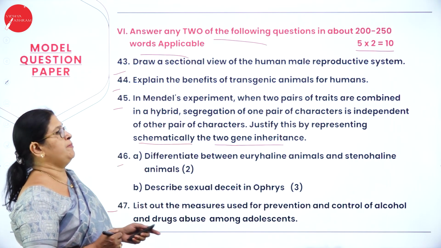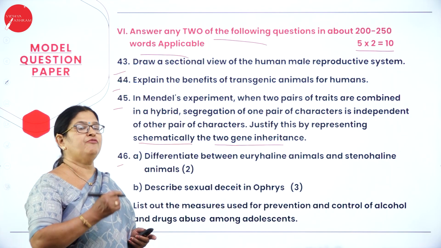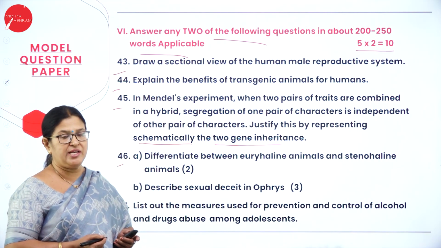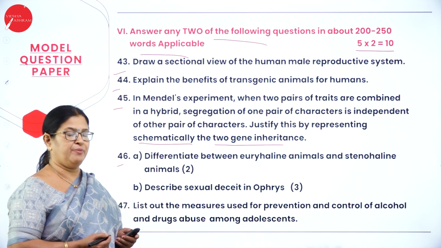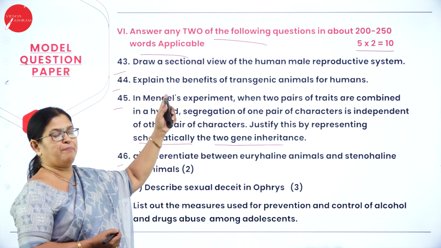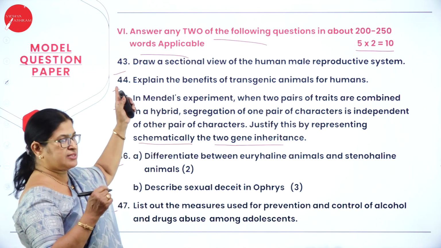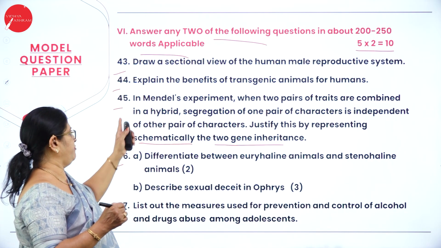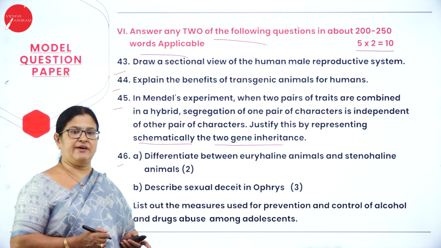So this is the pattern of the model question paper that is being released by the Department of Pre-University Education. So part D, section 6 carries question numbers 43, 44, 45, 46 and 47.